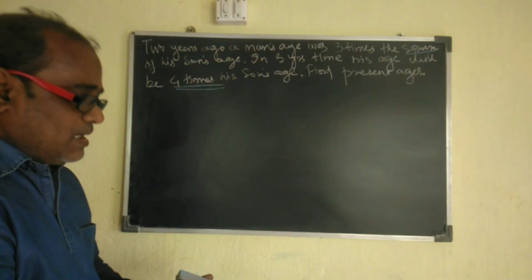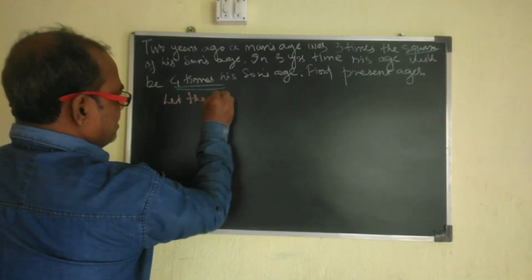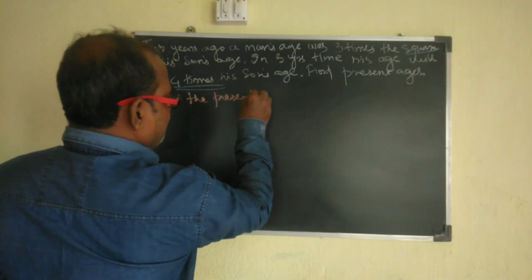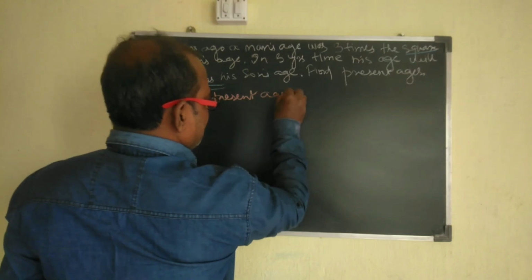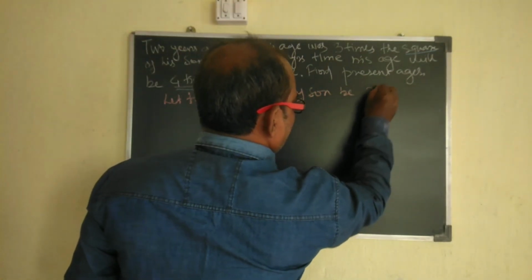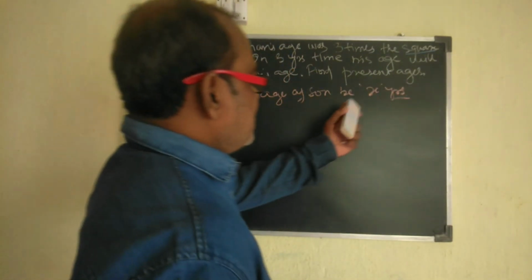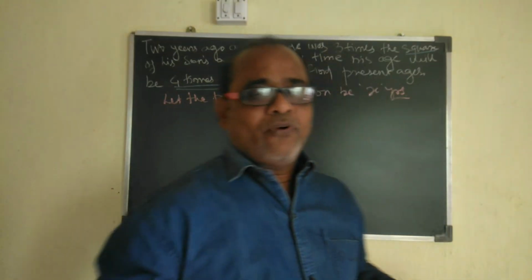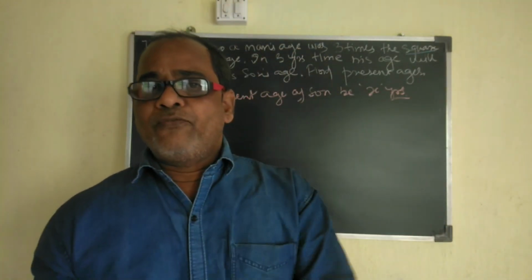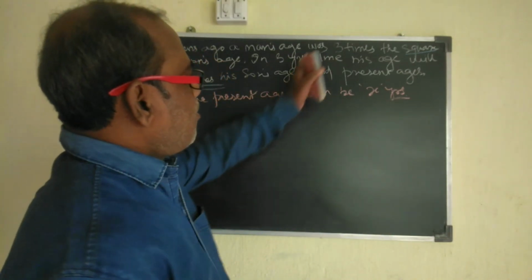So let the present age of the son be x years. But we cannot write the present age of the father as y years, because we have to form a quadratic equation. We don't write anything for the age of his father.